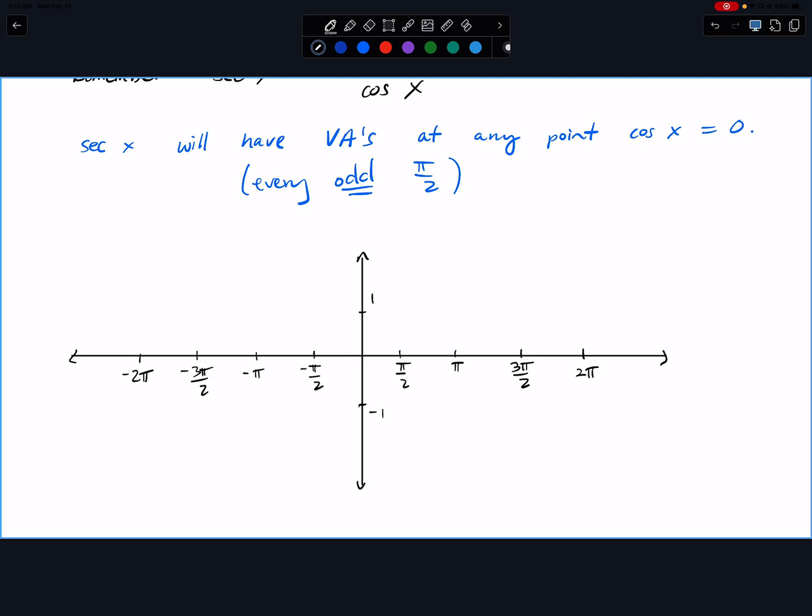Where does the cosine graph start? At 1. So remember, the cosine wave looks something like that. It's going to go 1, 0, -1, 0, and then 1. So this is one period. I want to graph one more period going this way. So if I'm going backwards, it's going to be 0, -1, 0, then 1.